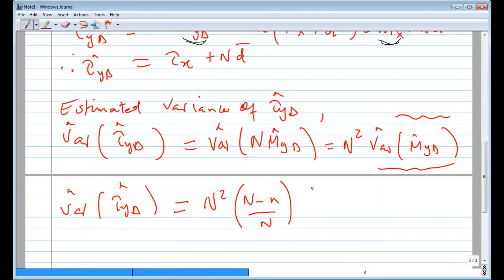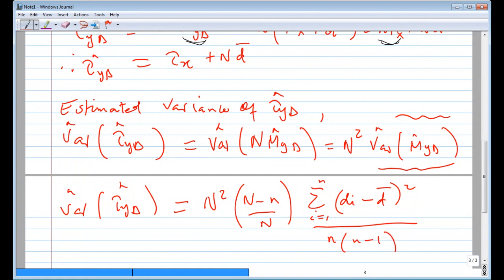Yeah. Then summation of di minus d bar, all squared, where i ranges from 1 up to n. Then it is divided by what? N into n minus 1.